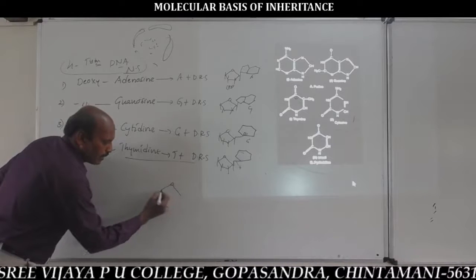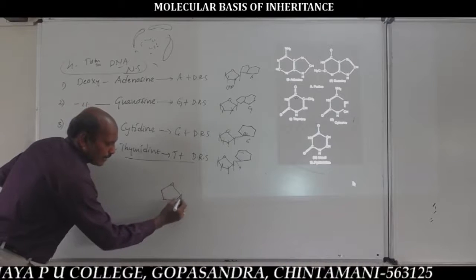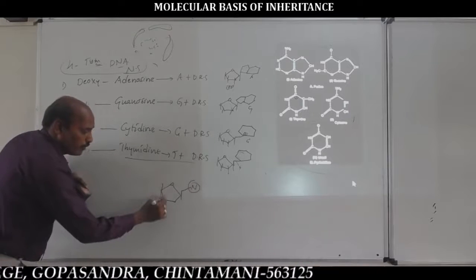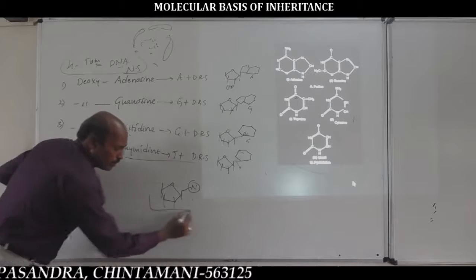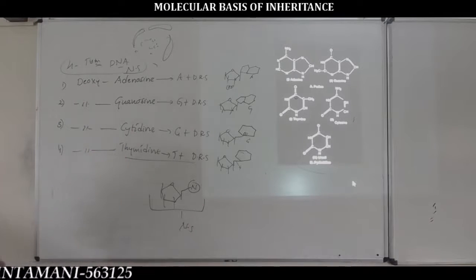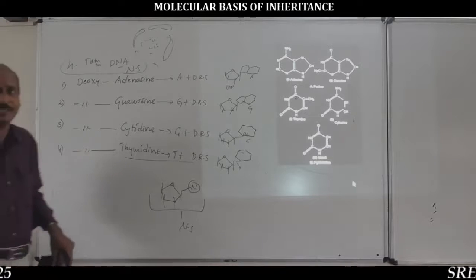So nucleoside is the combination of pentose sugar with nitrogen base. That is the meaning of nucleoside, and these are the 4 different types of DNA nucleosides.